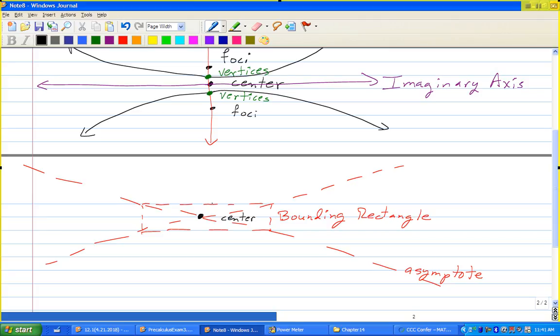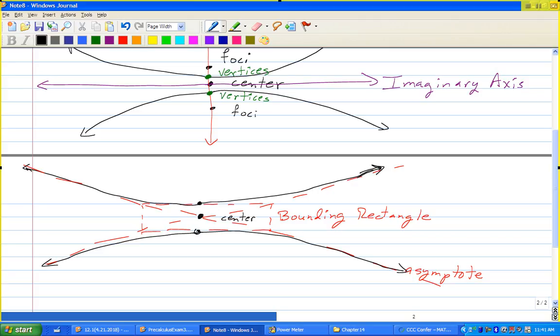The hyperbola will look something like this. It will approach each of these asymptotes, but won't quite touch them, or pass through them as best you can.